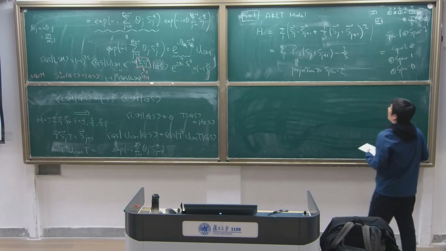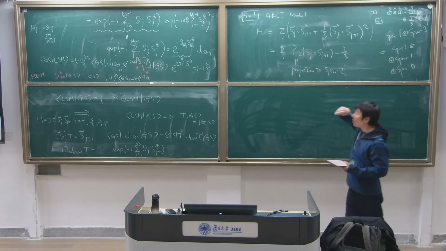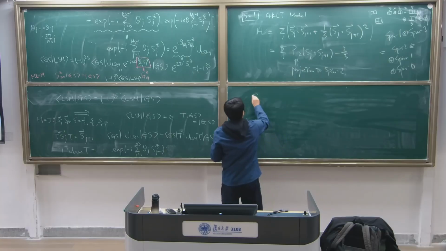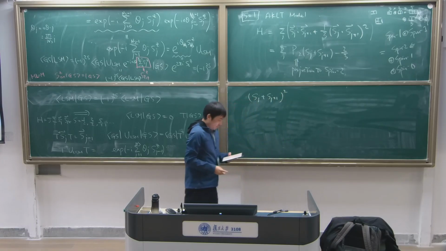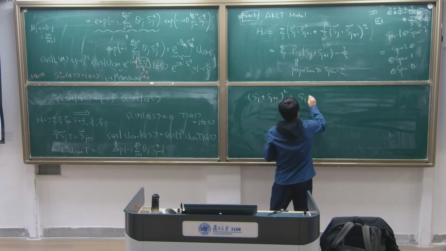Okay. So now let's see why they're equal. I'm going to derive this equality. To do that, we just consider the following thing. So this one can be decomposed this way.